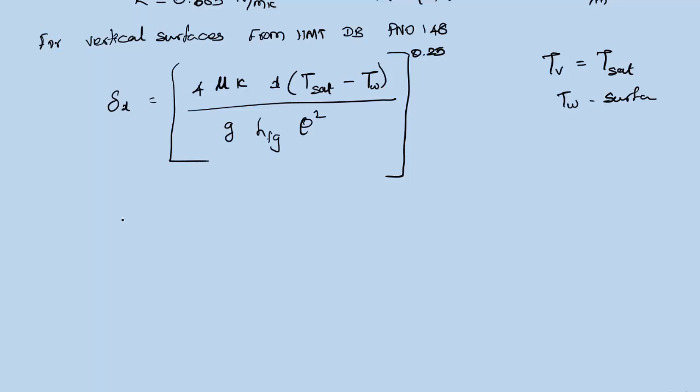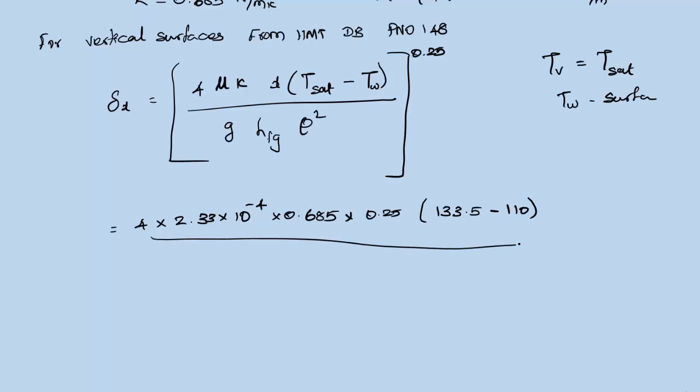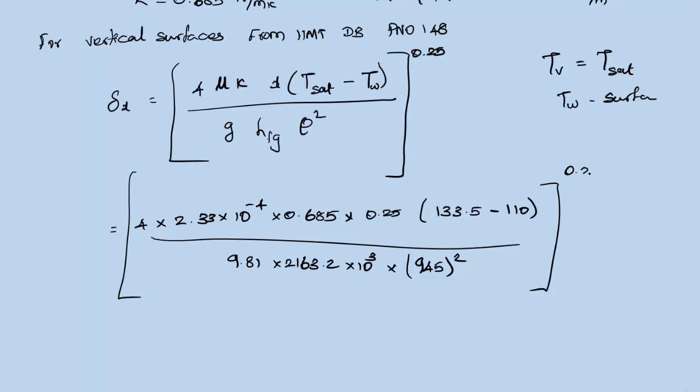All these values you have to substitute now. 4 into mu is 2.33 × 10^-4 into k value is 0.685 into x value is 0.25 into 133.5 minus 110, divided by g value is 9.81 into h_fg is 2163.2 × 10^3 into rho value is 945 squared, and the whole bracket to the power 0.25.